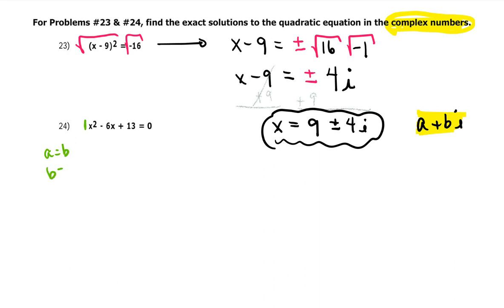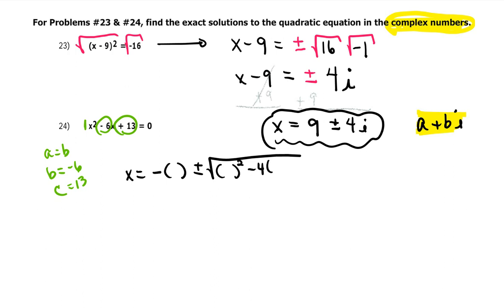The b is this negative 6. And the c is 13. And then the quadratic formula is negative of whatever b is, plus or minus the square root of b squared minus 4 times a times c, over 2 times a.